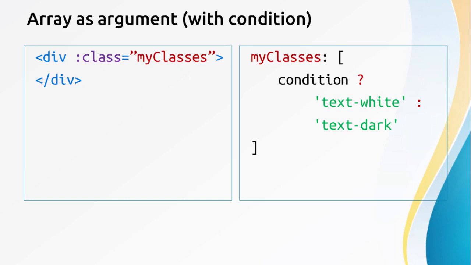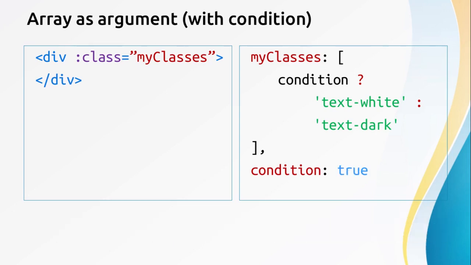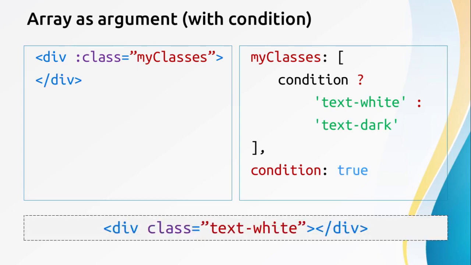Then here, if the condition was false, then the class that will be returned is textDark. Otherwise, if the condition was true, then the class that will be returned is textWhite. So when the page is rendered, this div element will have textDark if we assume the condition is false, or if the condition is true, then this div element will have textWhite class.